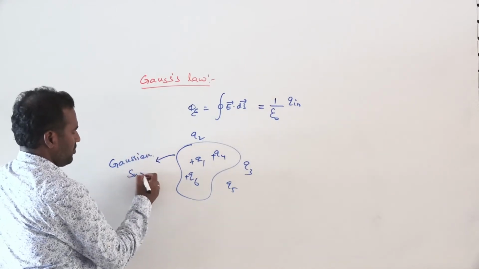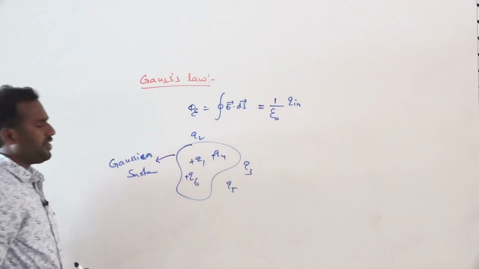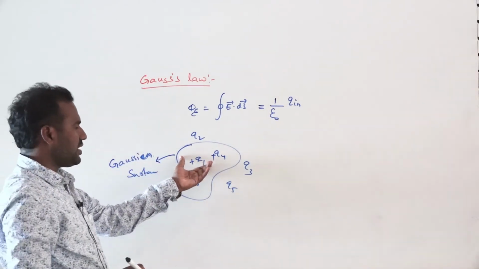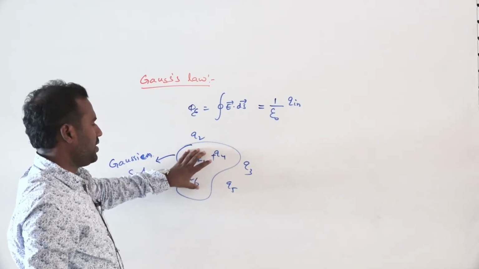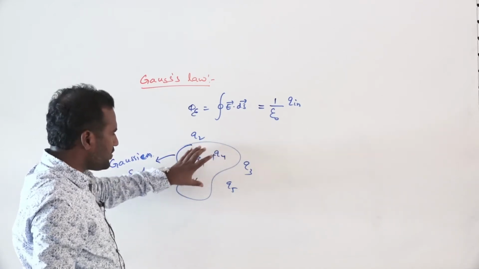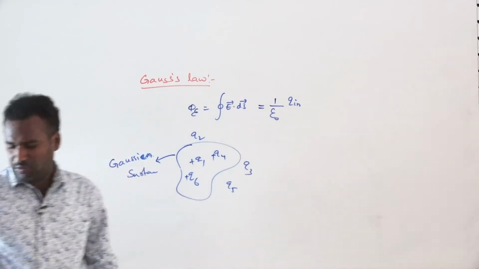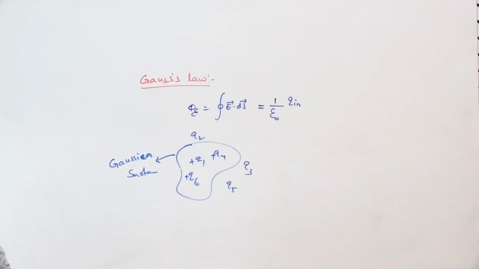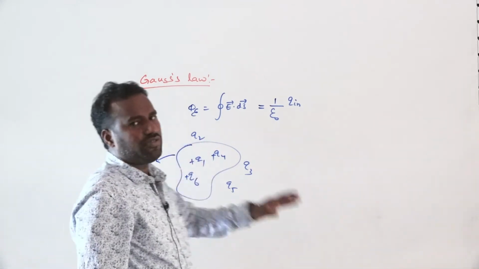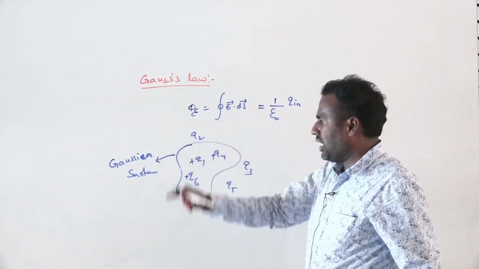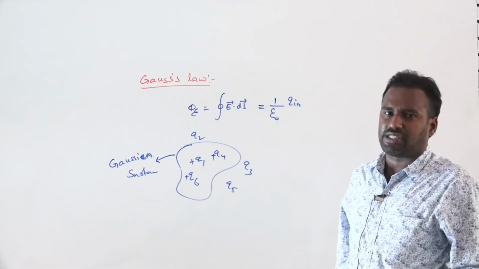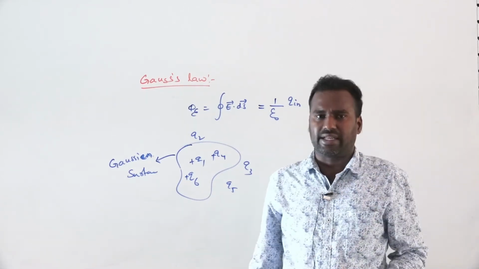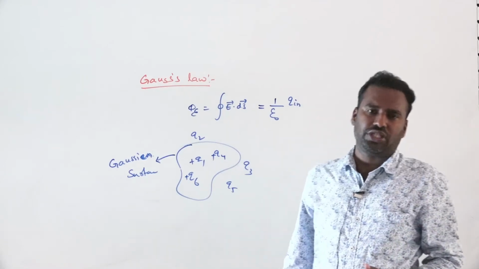Gaussian surface. Here, why we consider the Gaussian surface: the total flux enclosed within the surface is equal to 1 by epsilon naught times the charge present within the surface, we can say. So this closed surface we choose is called a Gaussian surface. In the simplest format, the Gaussian surface is either spherical or cylindrical according to the charge distribution, we can say.